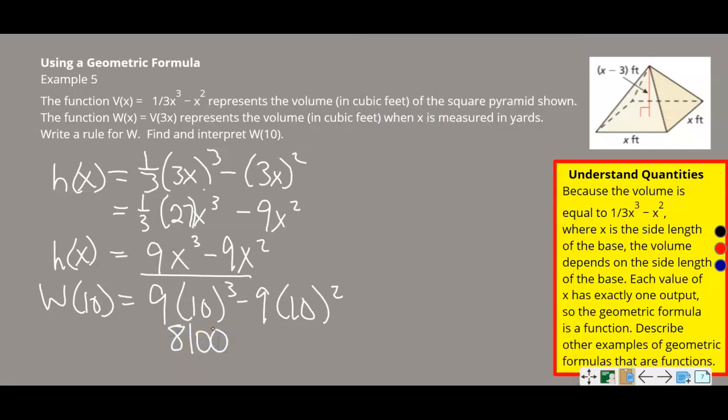All right, so what does the 8100 mean? That means when x is 10 yards, the volume of the pyramid is 8100 cubic feet. And again, here's a little picture that kind of helps you see what that is.